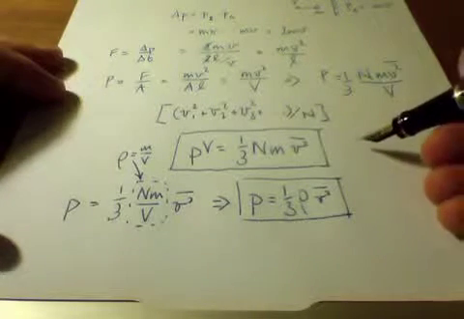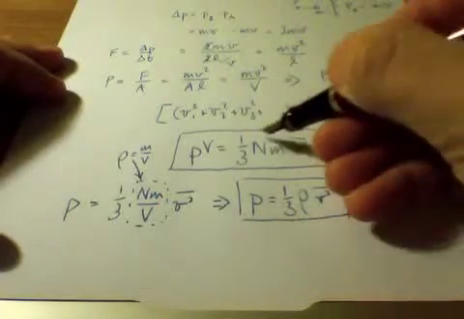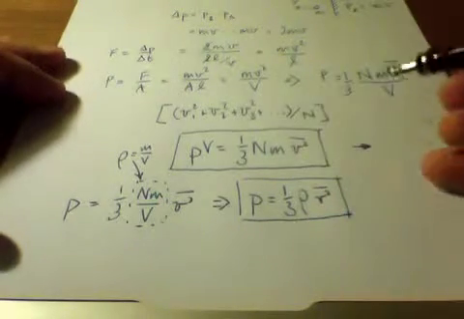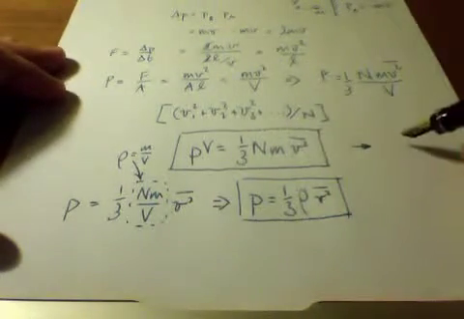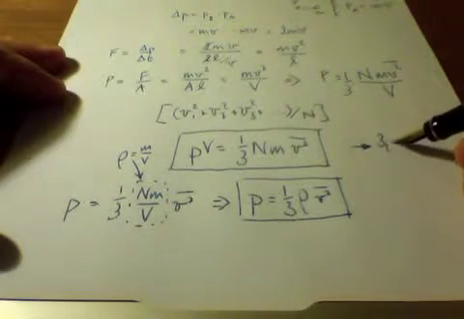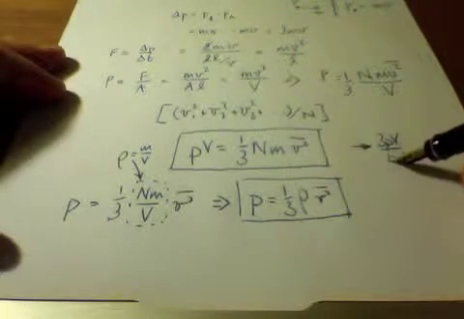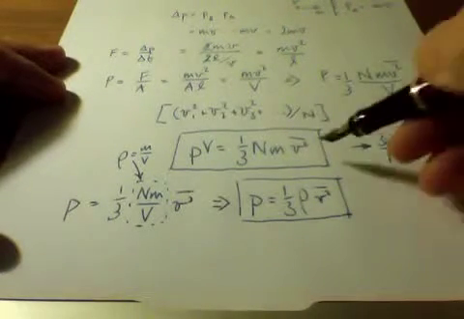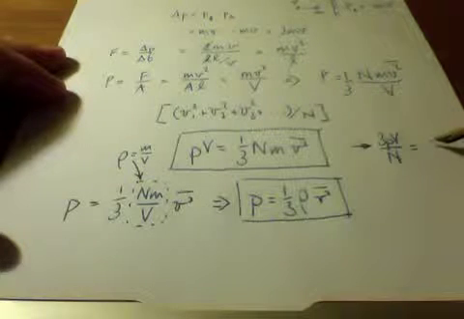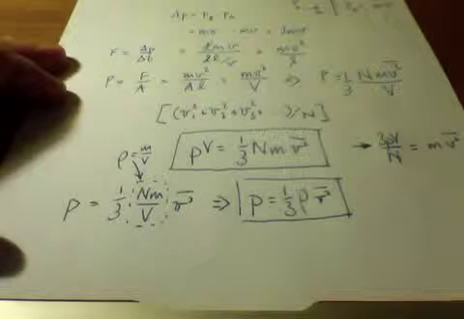And then finally, it's not too hard to see that in rearranging this equation, let me rearrange it to this form. I bring the 3 up and I move the n down, and that gives me m v bar squared.